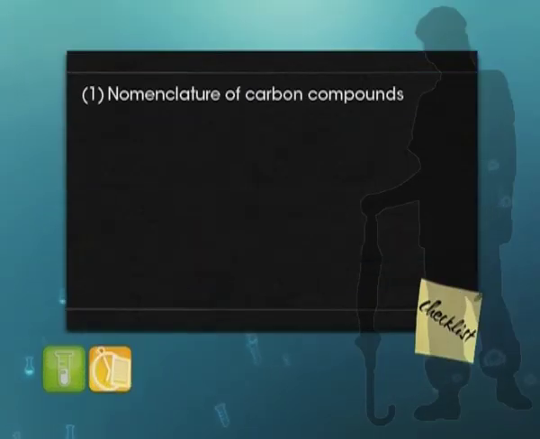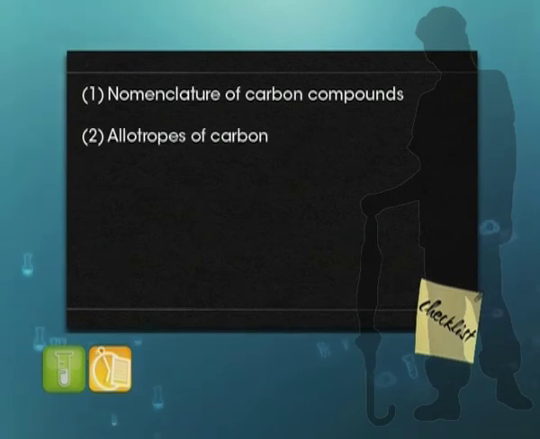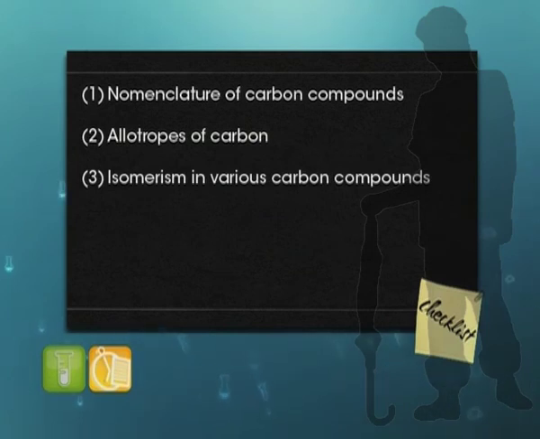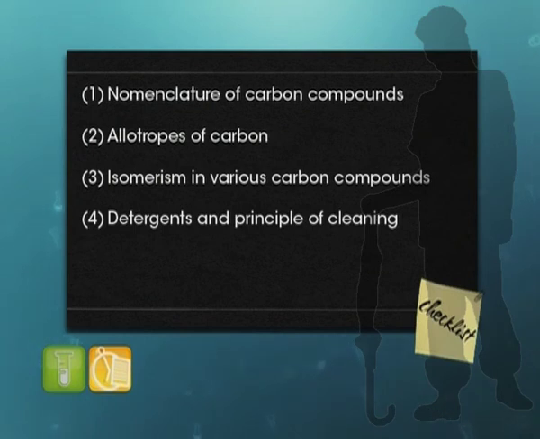Having seen the exam statistics and the exam traps, let us now see the exam checklist. Nomenclature of carbon compounds. Allotropes of carbon. Isomerism in various carbon compounds. Detergents and principle of cleaning. Esterification.